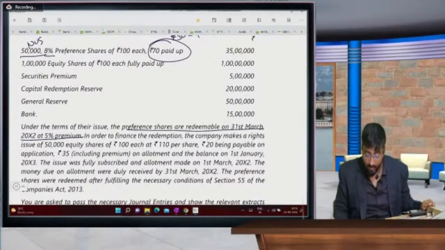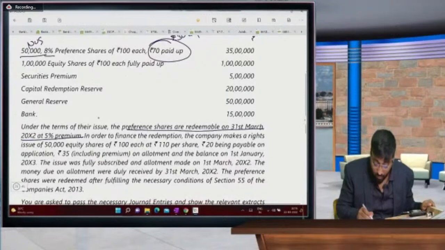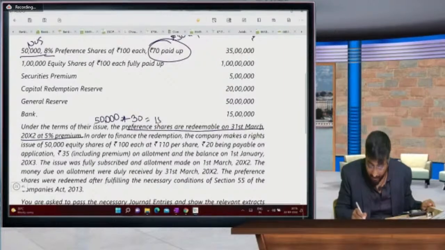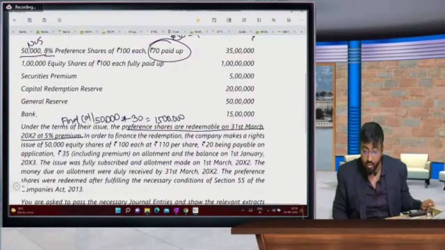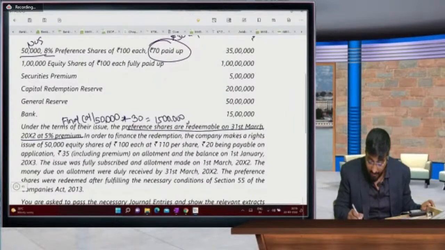But beta, before taking this, understand, first we have to take 50,000 shares into 30 rupees. That is 15 lakh. So this is a final call. So final call, and then you can redeem.